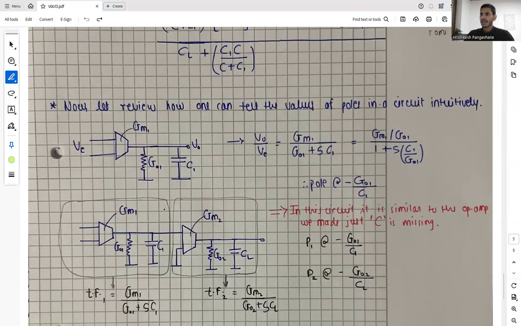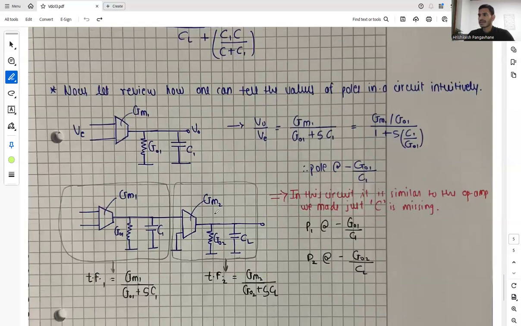But let's take a circuit like this, where we have the output through another amplifier. This circuit is very similar to the opamp we made, just the C over here is missing.